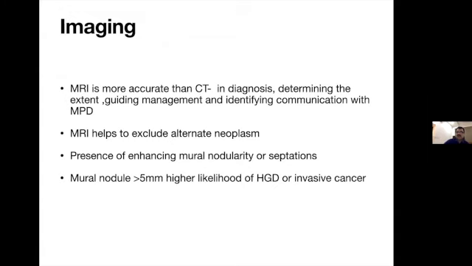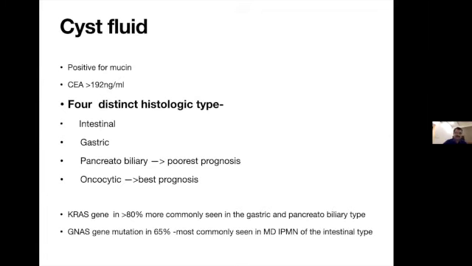And if there is a mural nodule more than 5 millimeter, there is a high likelihood of high-grade dysplasia or invasive cancer. So you aspirate the cyst and look for mucin and CEA of more than 192 nanogram per ml. More than 80% will show KRAS in main duct IPMN, and GNAS mutation is seen only in main duct IPMN, that too of the intestinal type.